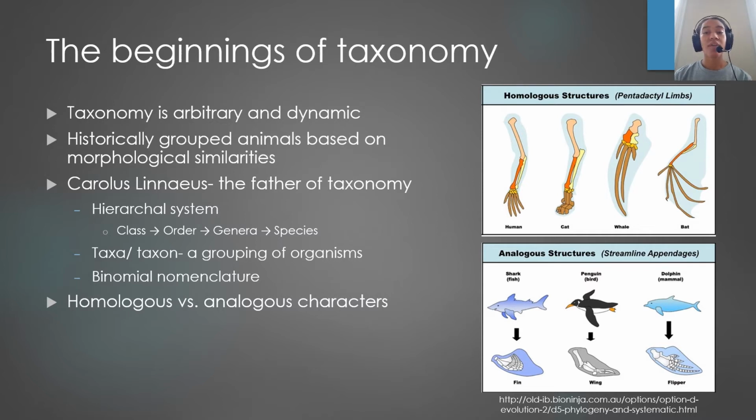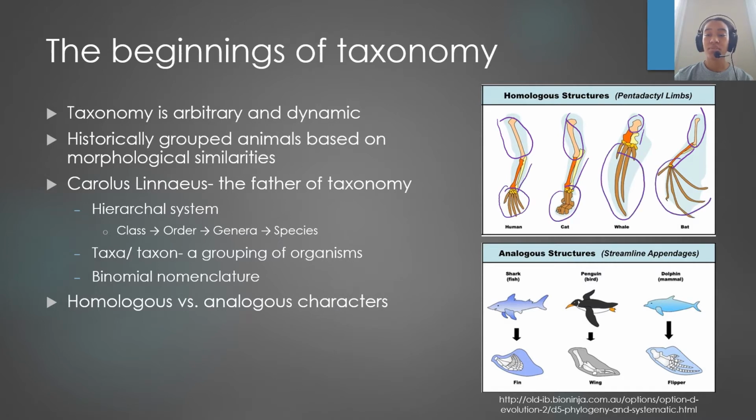When we're looking at four-limb structures, you can see there are common features here. A cat, a human, whales, and bats all have similar structures to how their forelimbs are designed, because they all share a common ancestor.